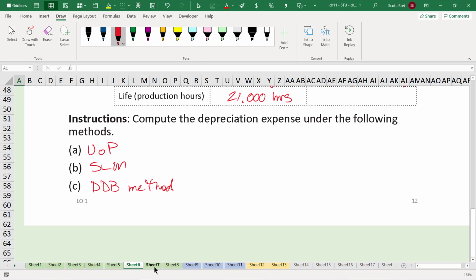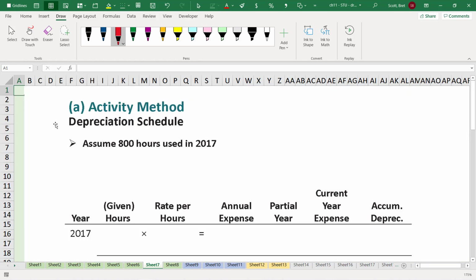So let's look at units of production. This is part A, activity method, units of production. Assume 800 hours were used in 2017.